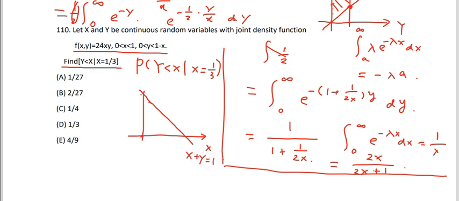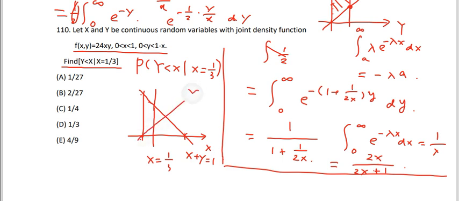Here's 0, here's 1. So the question is, when x equals 1 over 3, how much part is y less than x? Let's check y equals x.